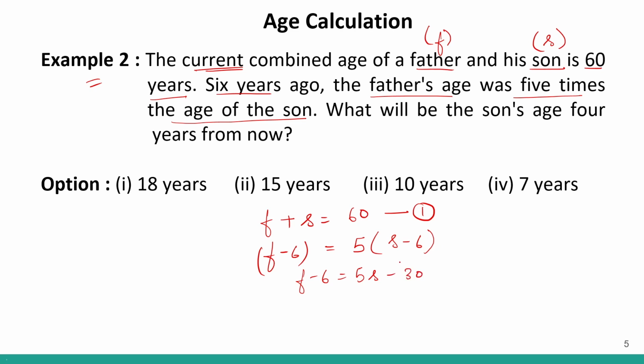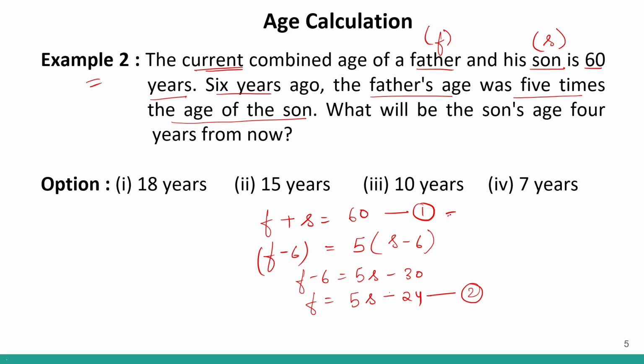This is how you open the bracket. First, you multiply 5 and S, and then you multiply 5 and 6. So, if I solve this, F will be equal to 5S. 6 going over here makes it positive, so 5S minus 24. This will be my equation number 2.